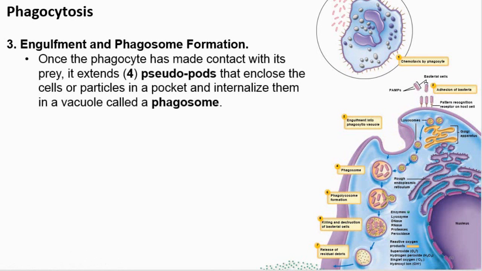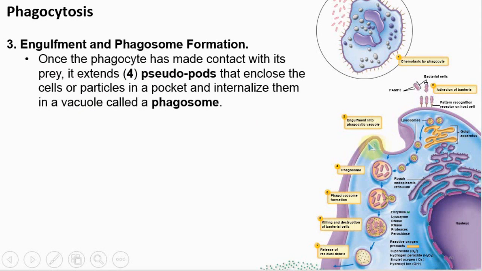Once the phagocyte has made contact with its prey, which is a bacteria, it extends these pseudopods. This picture doesn't show it very well, but pseudopods are these extensions that come up and out. This would be one right here. Pseudopod just literally means false foot.